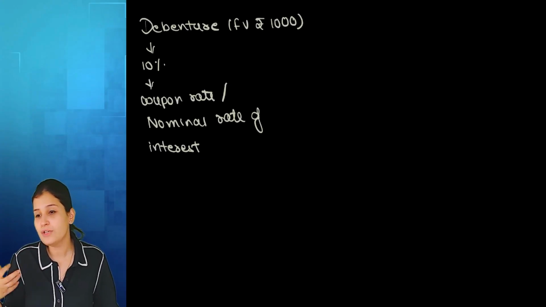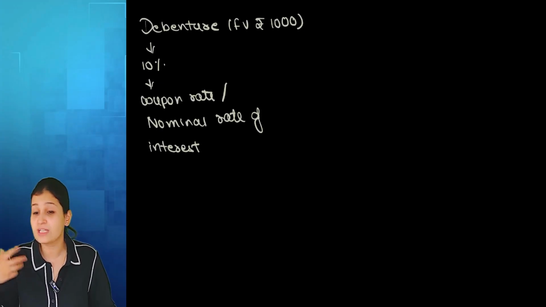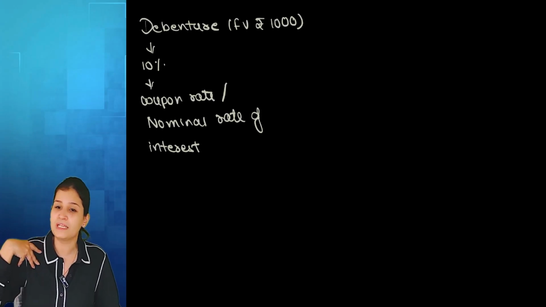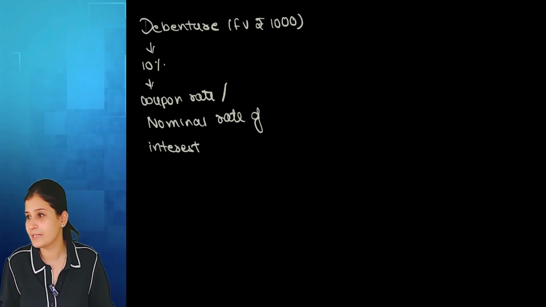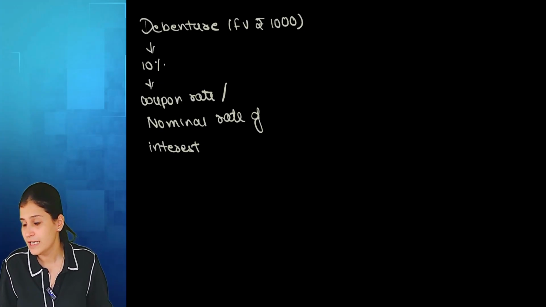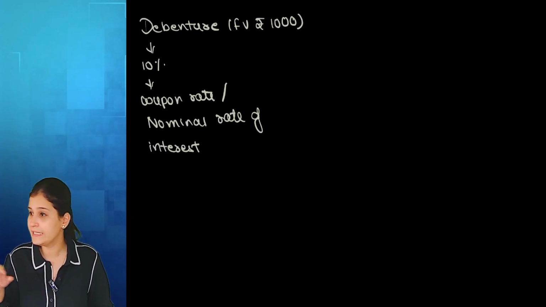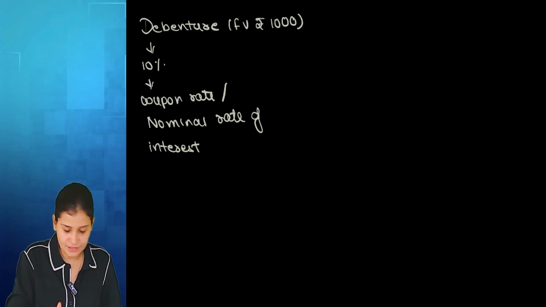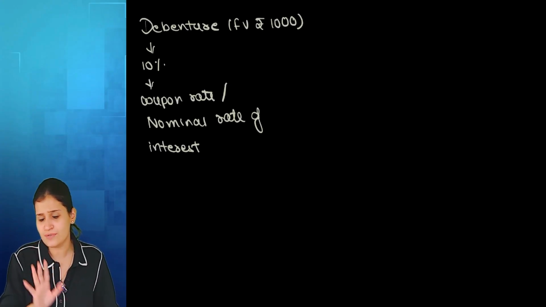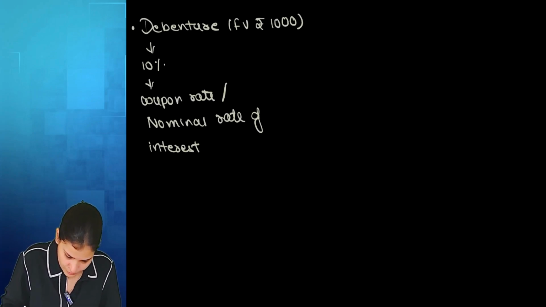Suppose the company wants to take a loan from me for a sum of rupees 10,000. How many debentures will I be issued? If I am giving a loan of 10,000 and one debenture is rupees 1,000, I will be given 10 debentures. Agree? Right now let's talk about only one debenture, of 1,000 rupees.